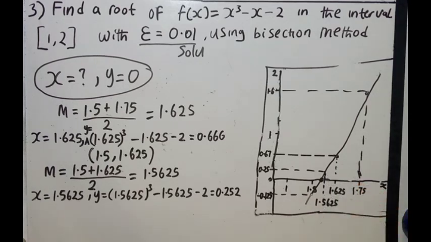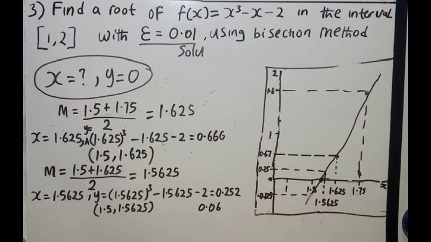we still have to find our new interval, which will now be in between 1.5 and 1.5625. Now the difference between these two, remember, this minus this, we are having 0.06.